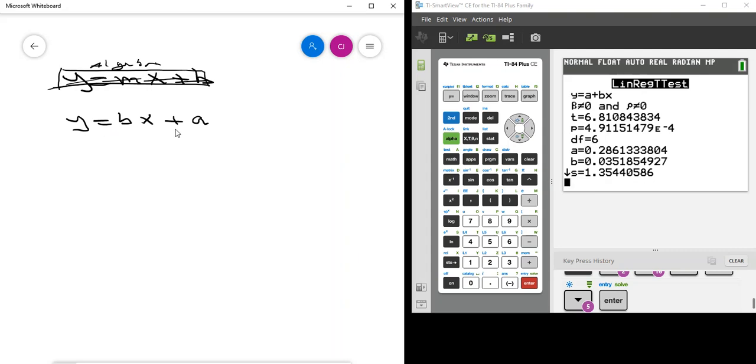So here it is. This is the slope and y-intercept. So y equals, well, we need the b, and right there's the b, 0.035 x, plus, I need the a, 0.286.